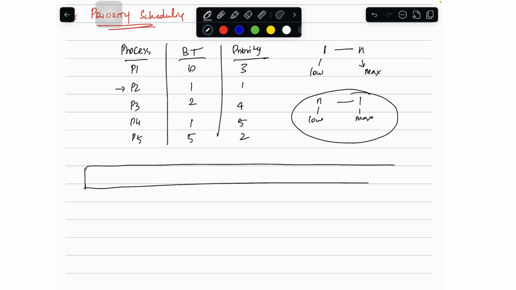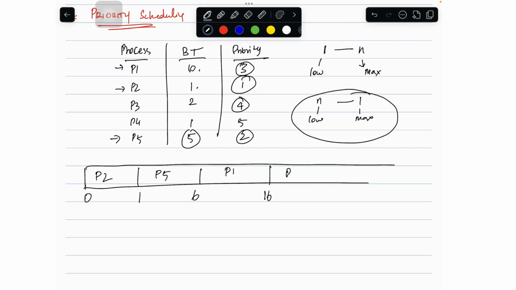Right, so we know that P2 is of priority 1, so we're going to dispatch P2 from 0 to 1. Burst time is 1 unit of time. Next is P5 because its priority is 2. Burst time is 5 units of time. Again P1, which is next in order, ends at 16, so 10 units of time, so 6 plus 10 is 16.